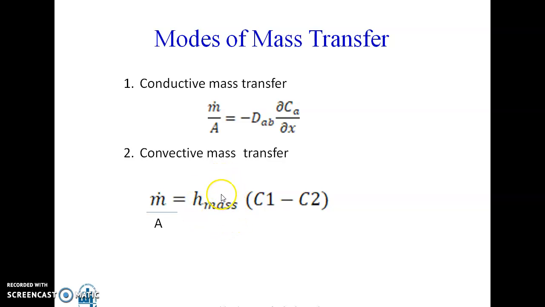It is not for heat transfer, it is for mass transfer. In the bracket, the concentration of that particular gas, denoted by 1, minus the concentration of the second gas. So these are the modes of mass transfer, and they are also analogous to convective heat transfer.